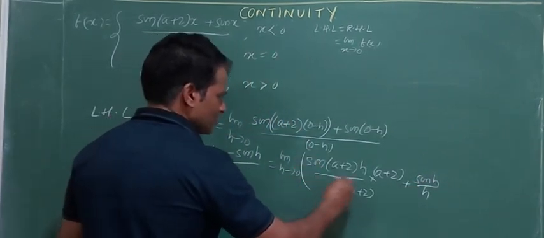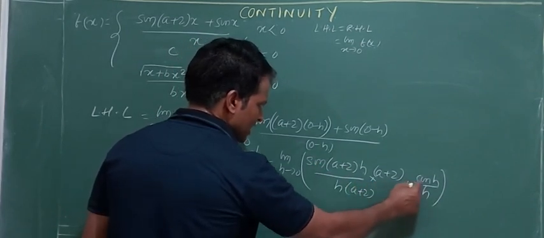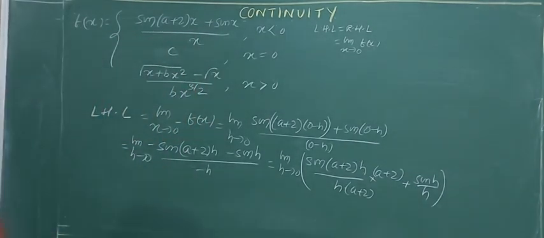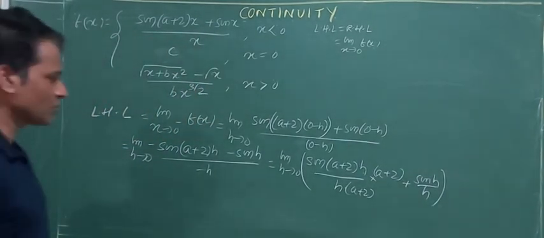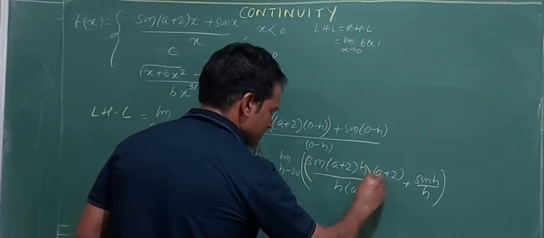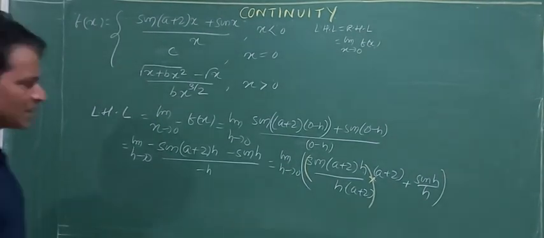You can see that now this becomes 1. A plus 2 times sin h by h, that gives you 1. What I am writing in yellow color becomes 1. Alright, so this becomes 1.